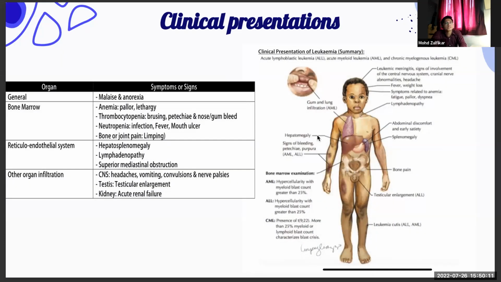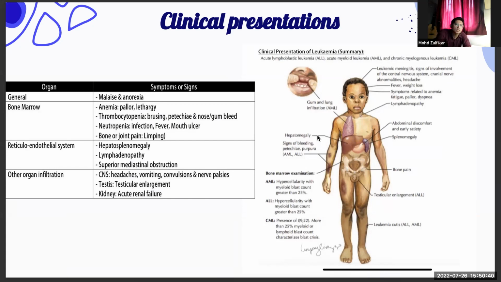So this is basically the clinical presentation in a leukemic patient. As I already mentioned before, leukemia will infiltrate organs. So the presentation of the patient depends on the organ that is involved, or the organ that is infiltrated.